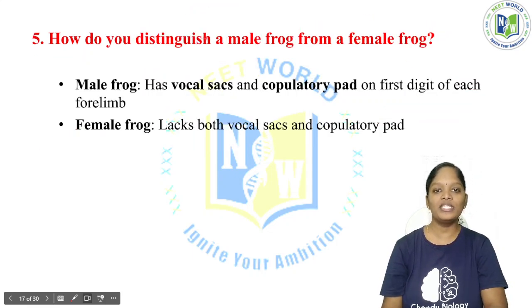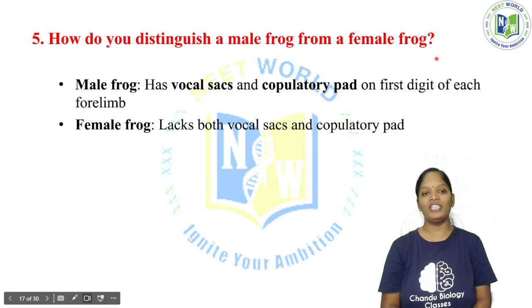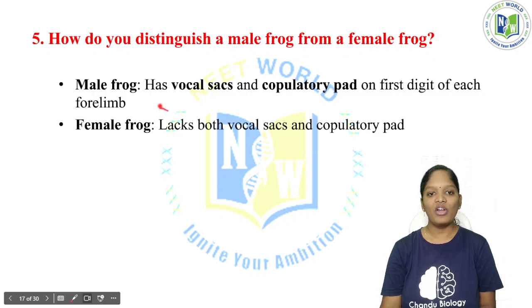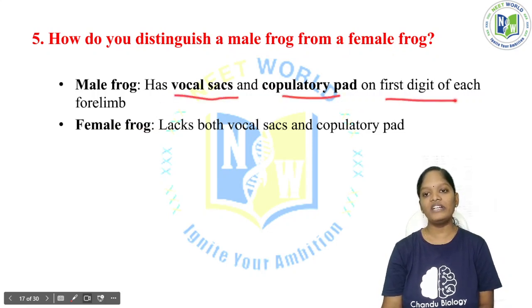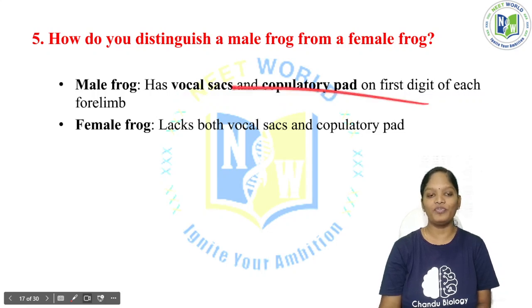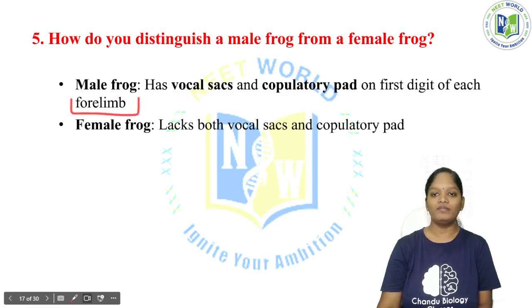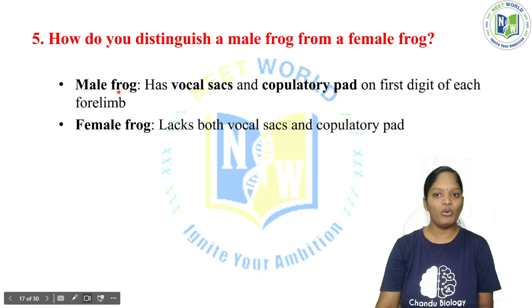Now, how do you distinguish between a male frog and a female frog? And this is very important here. See, male frogs have vocal sacs and a copulatory pad on the first digit of each forelimb. See, they are having forelimbs.